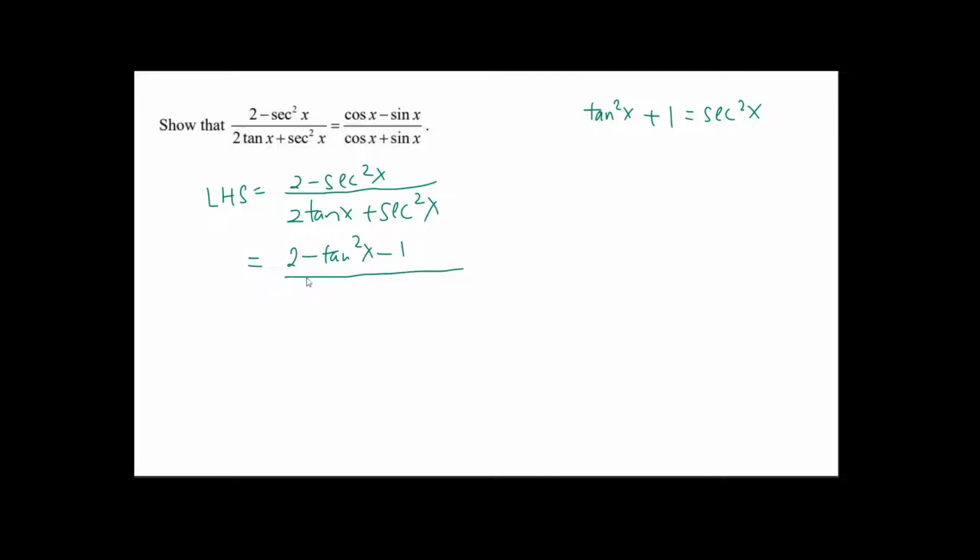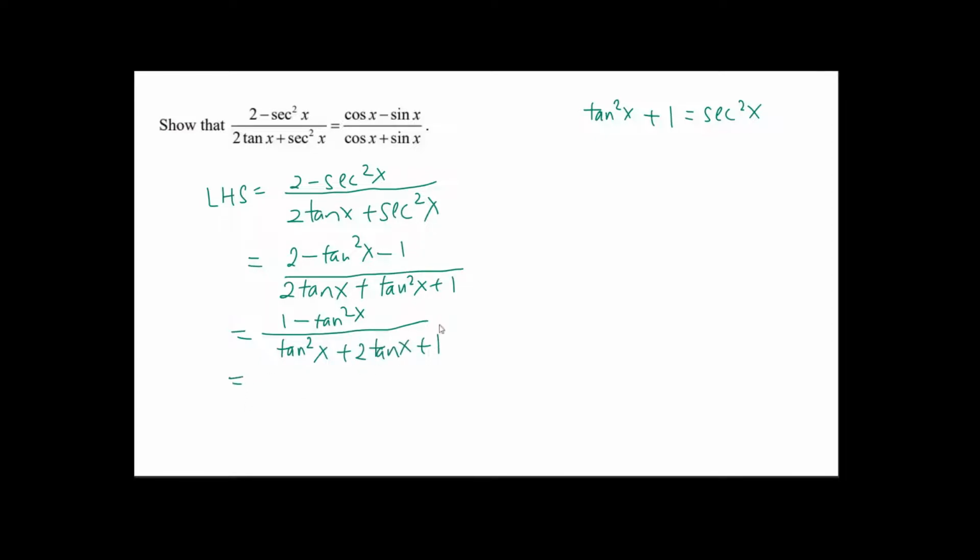For the denominator, I'll have 2 tangent x plus, replacing secant square x with tangent square x plus 1, so tangent square x plus 1. Simplify the numerator: I have 1 minus tangent square x, and this looks exactly like a square minus b square, where a square is 1 square and b square is tangent square x. At the denominator, I rewrite this to have tangent square x plus 2 tangent x plus 1.